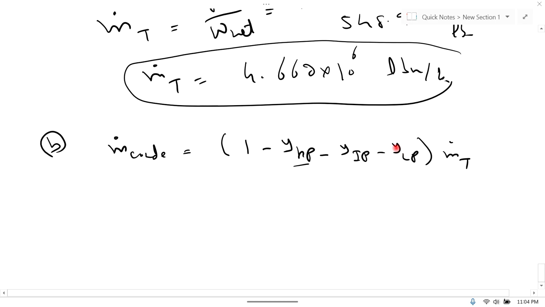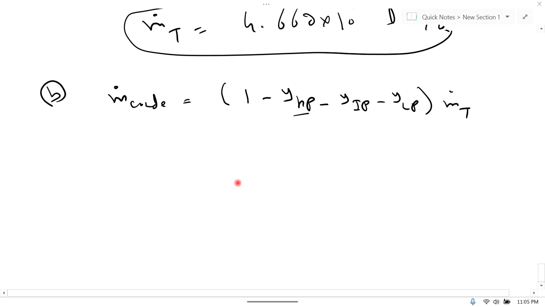The entrance mass to the turbine is 1 pound mass. Some fraction is expended in high pressure, some in intermediate pressure, and some in the low pressure part of the turbine, and the remaining goes to the condenser.